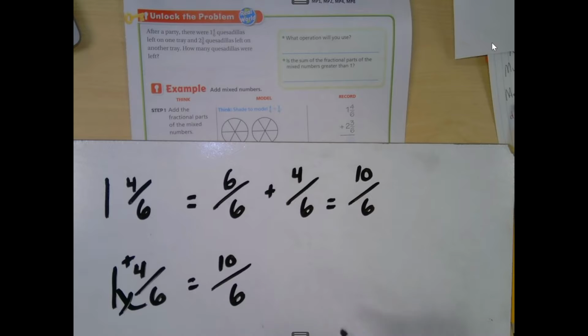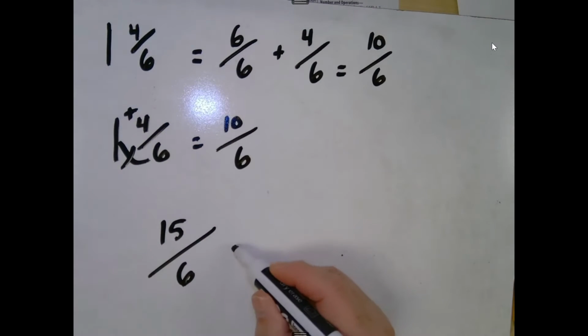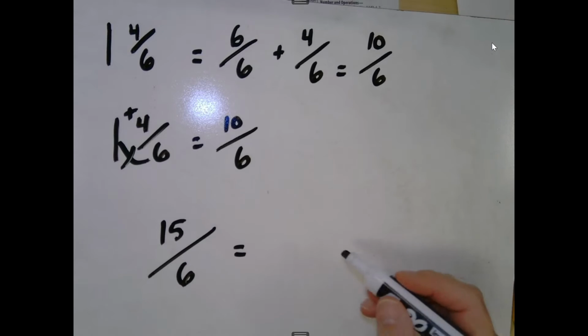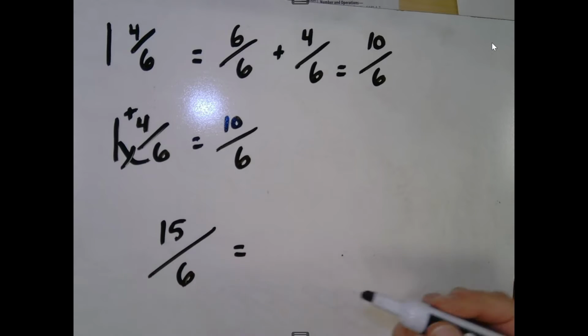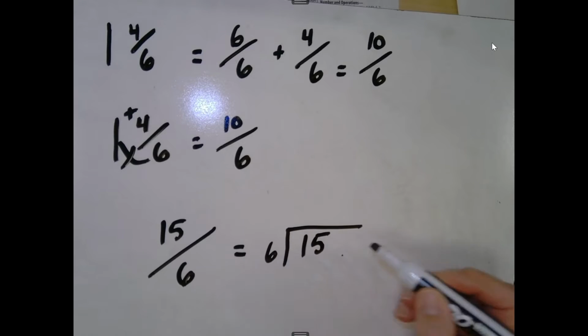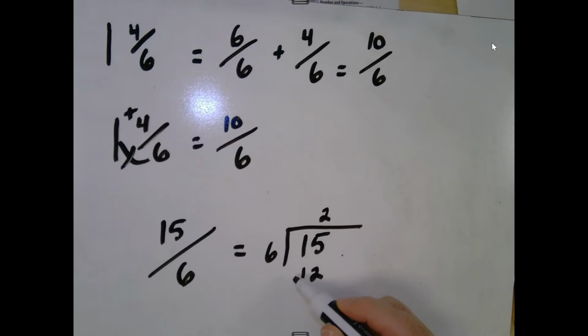All right, let's say they give you 15/6, and they want you to write that as a mixed number. Well, the best way to figure out what that is, that's 15 divided by 6. So you would say 6 goes into 15 2 times. 2 times 6 is 12.